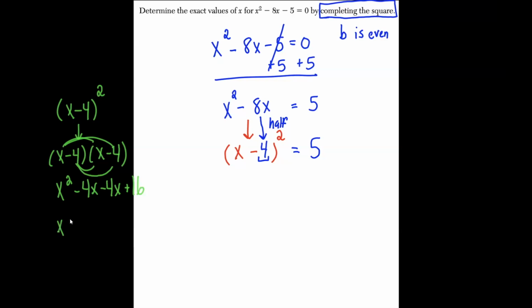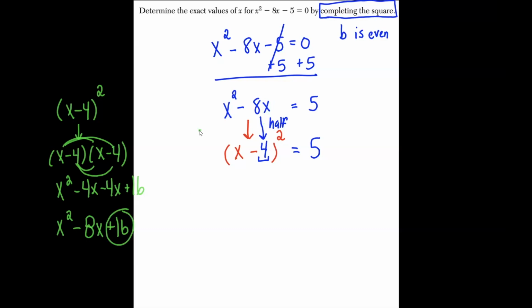So this is actually equal to x squared minus 8x plus 16, but that's not what I have here. I have x squared minus 8x.